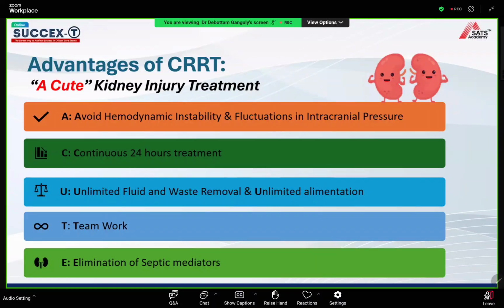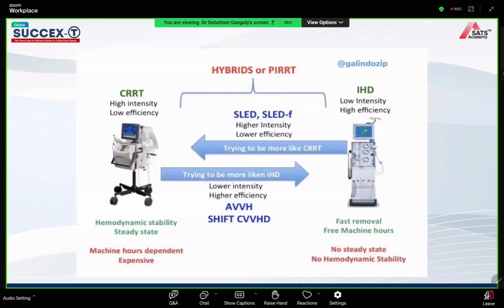There is unlimited fluid and waste removal possible, and also improved nutritional support because there is no need of volume restriction as we usually do in CKD patients. So good control of metabolites, better control of fluid volume are possible in CRRT, and elimination of septic mediators, that's also an important point.